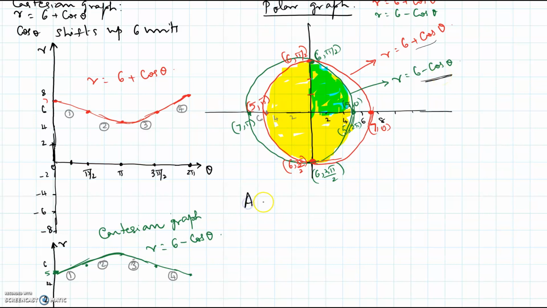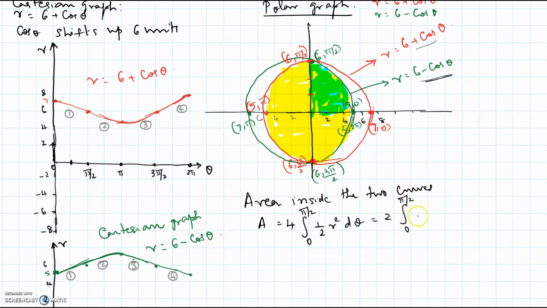So we can write the required area of the intersection of the two curves as 4 times the area of one piece, which is 0 through pi by 2, half r square d theta. So it will be 2 integral 0 through pi by 2 of r square, where r is the green graph, so 6 minus cosine theta the whole square d theta.